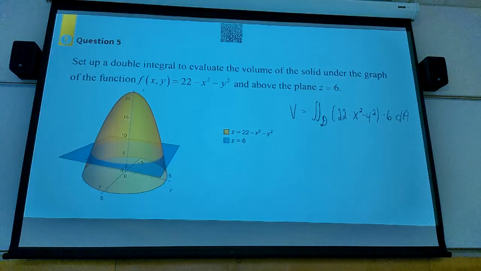The question is, what is the domain? What's the domain of integration?